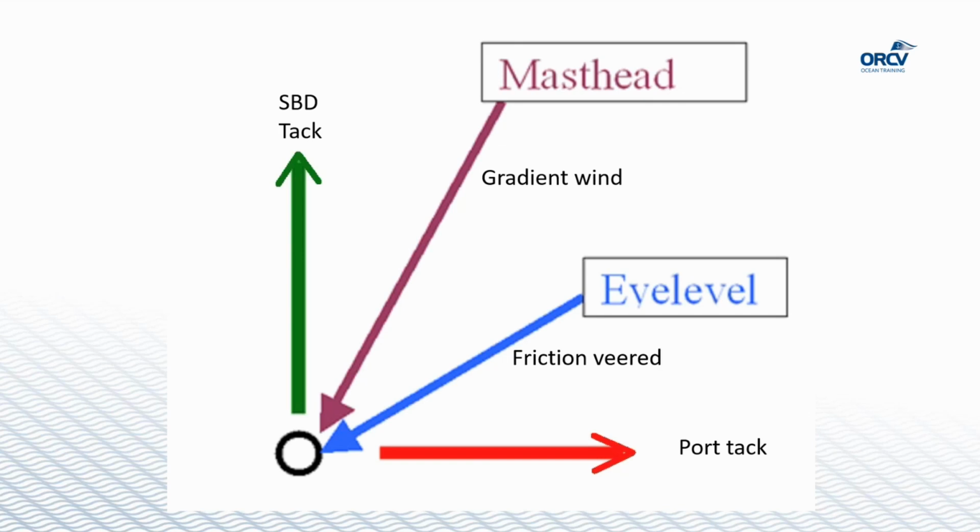You've got a narrow angle. Can you see the pointer there? You've got a narrow angle at the masthead, and you've got a broad angle at the lower part of the sail. What do you do?